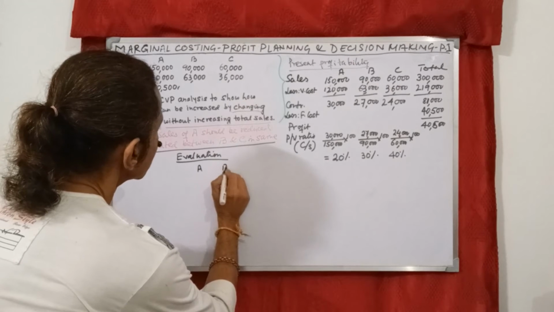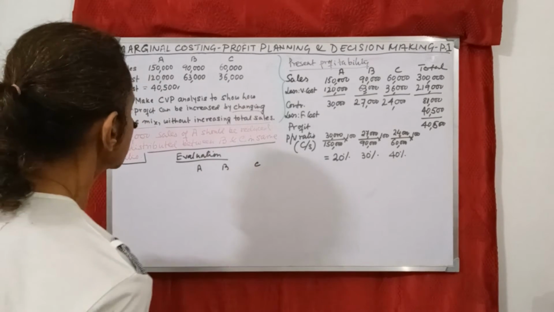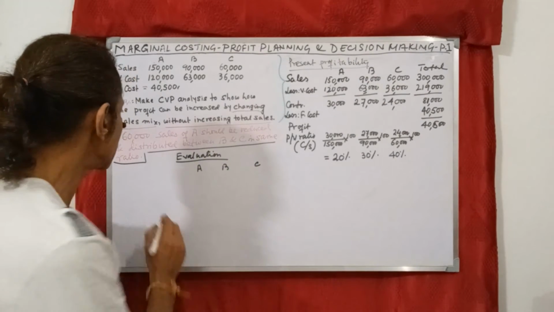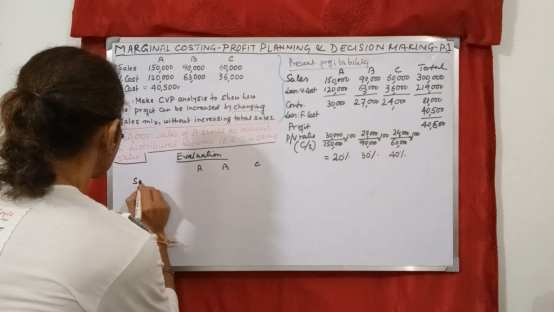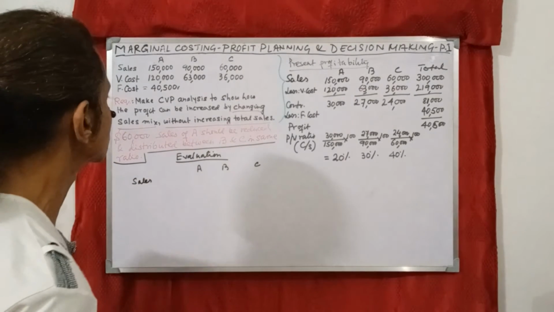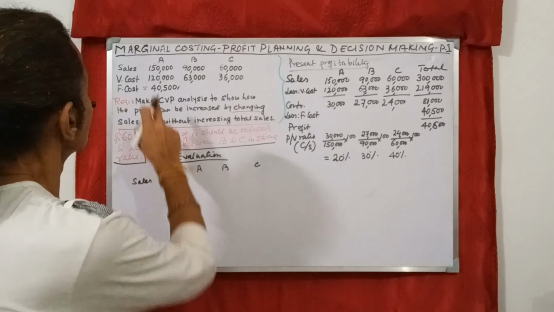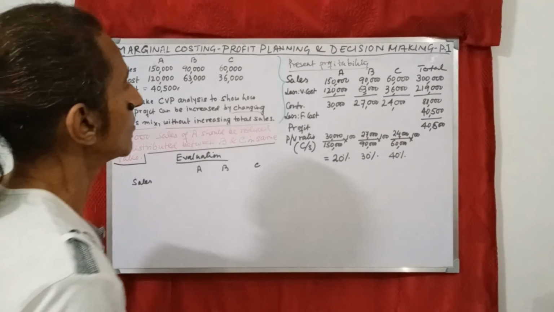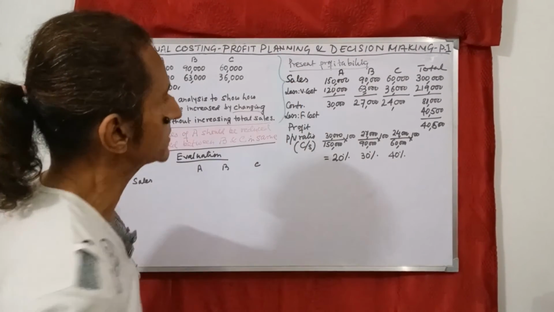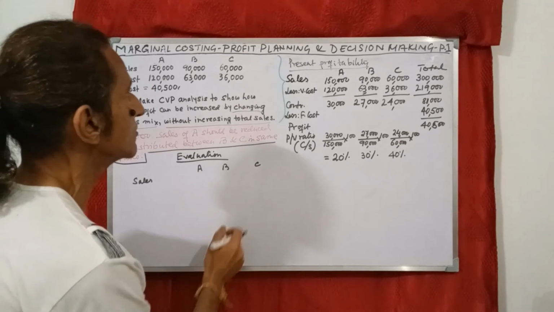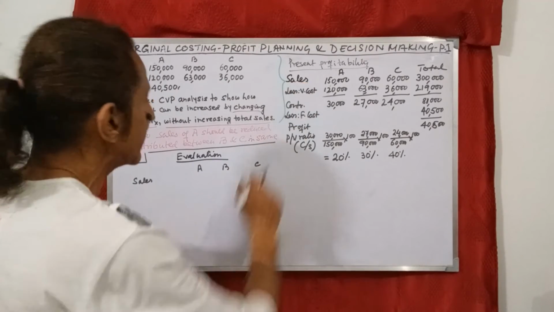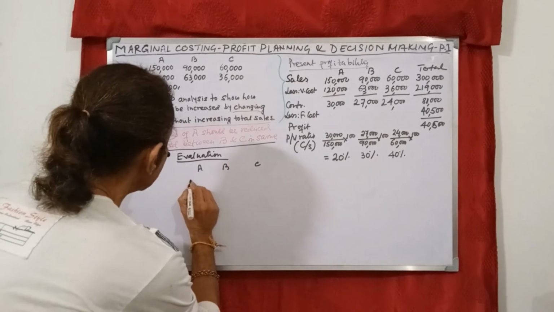A, B and C, three products. Sales, present sales of A is 150,000. So new sales will be 150,000 minus 60,000, that is 90,000.